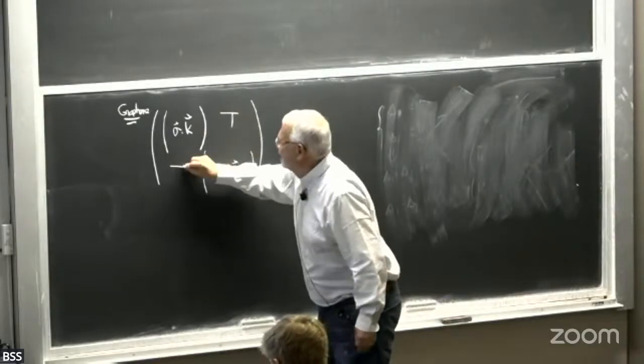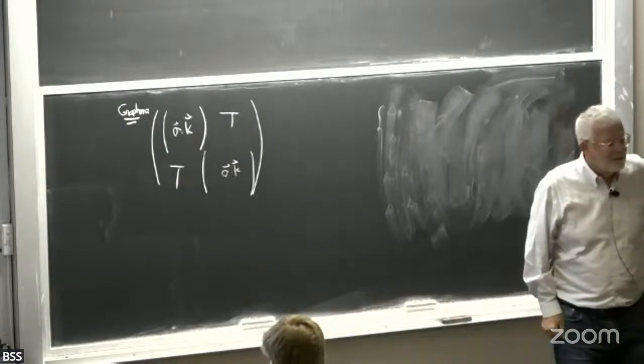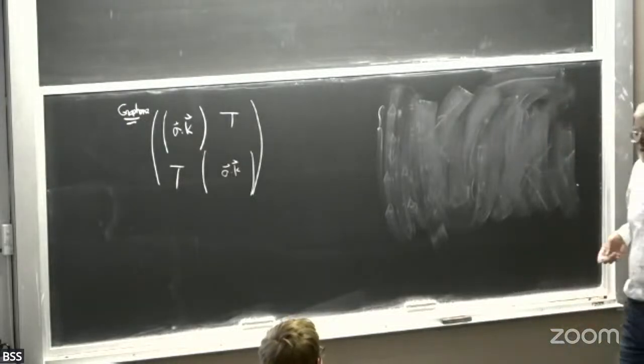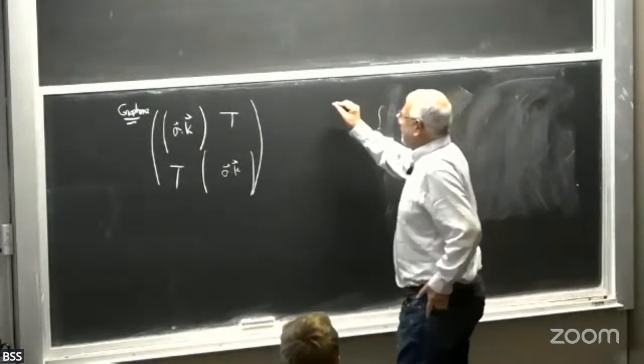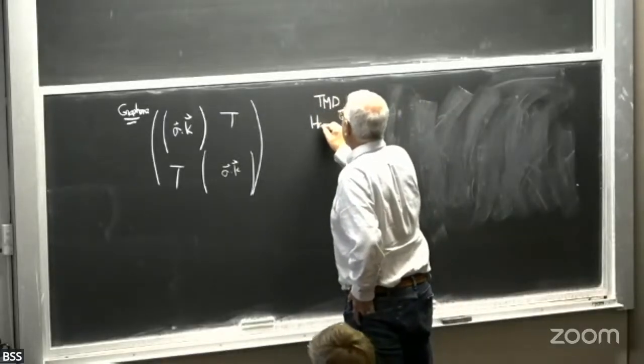And then we had to have a 2x2 interlayer tunneling matrix because there are two sublattices. So this is simpler. So this is the TMD homobilayer.